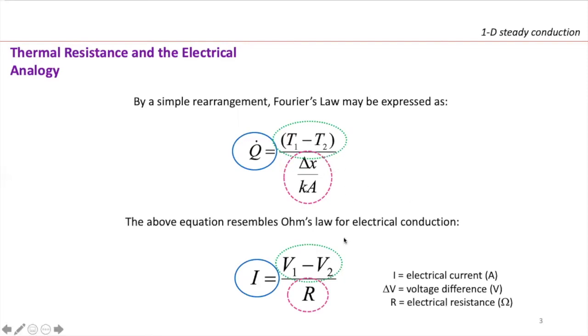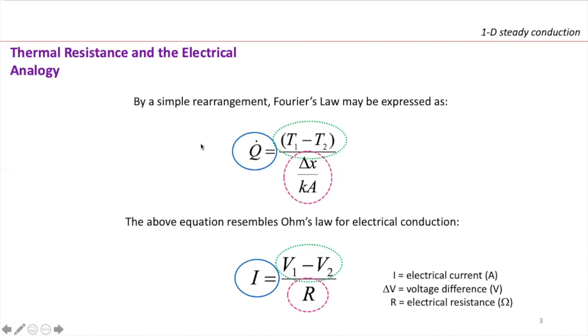So if we rearrange them together, we can see they look pretty similar, right? And the denominator in Ohm's law is the electrical resistance. So we can name here this delta X over KA, or the thickness divided by thermal conductivity times area, as the thermal resistance. So we can rename it like that.